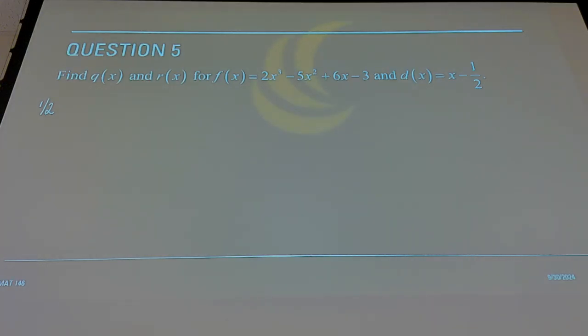Is the dividend in standard form? What are the coefficients? Two times a half.